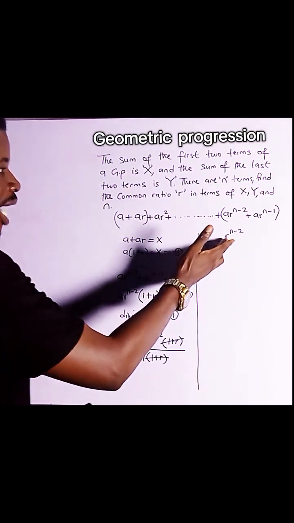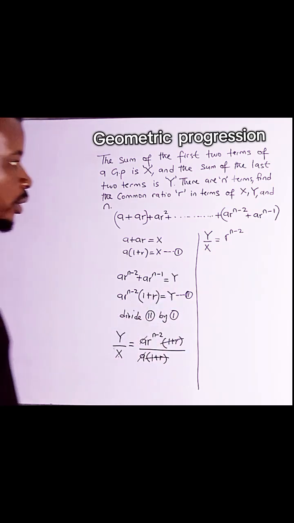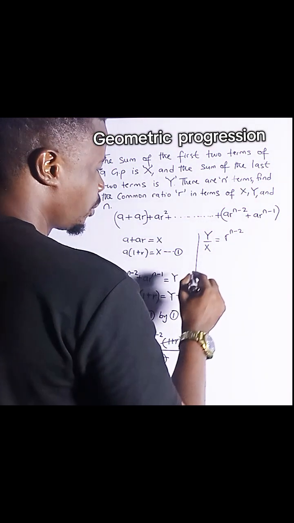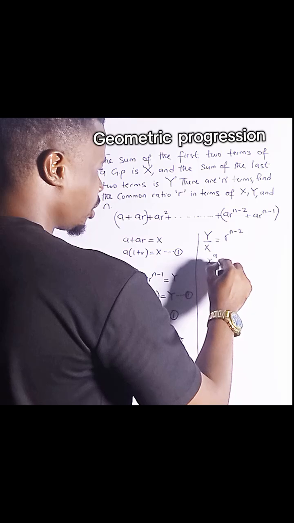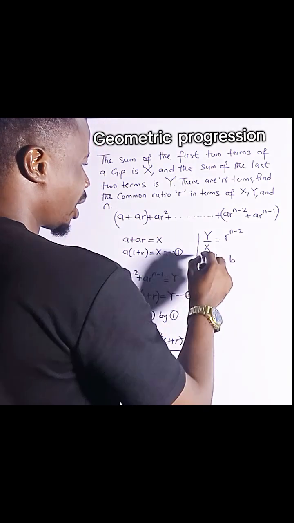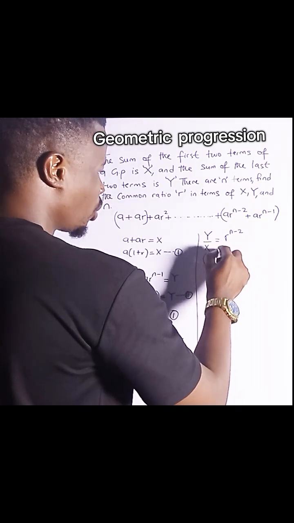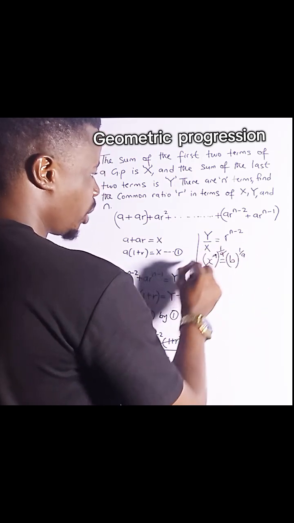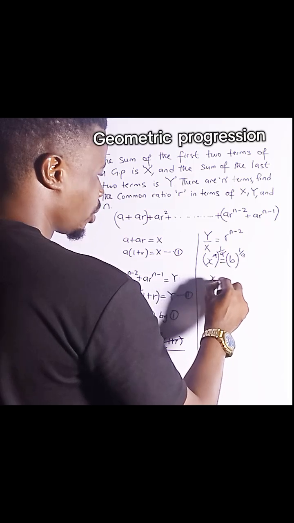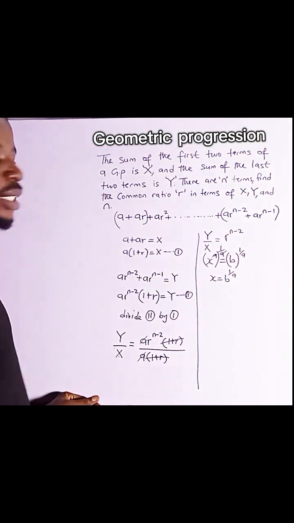Now, how do we make r the subject of formula here? Remember, for your laws of indices, if you have x raised to power a is equal to b, you can actually raise both sides to the reciprocal of a, so that the a's will cancel, so you are left with x is equal to b raised to the power 1 over a. So we can do the same for this above.